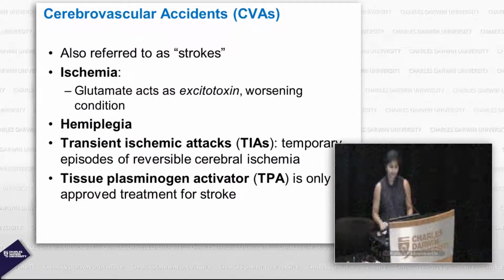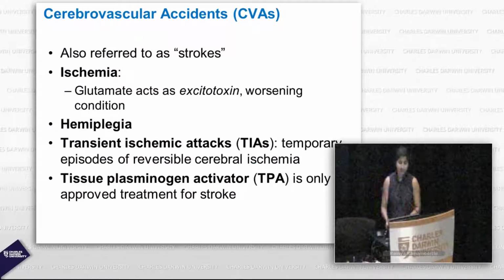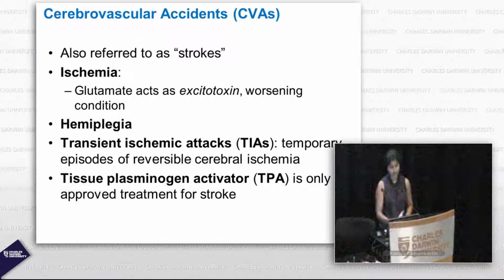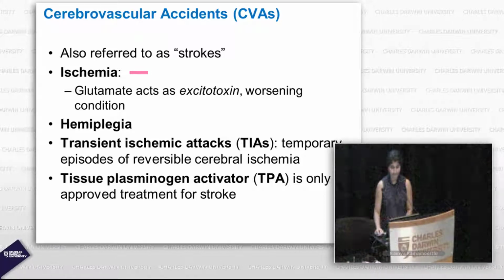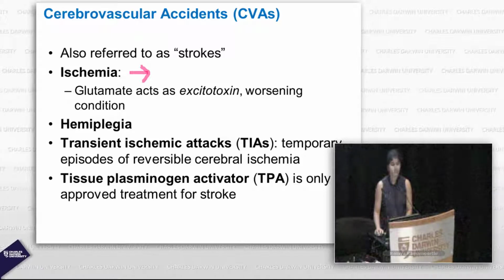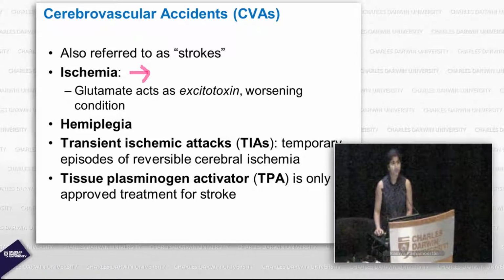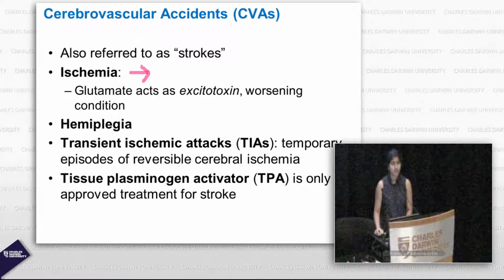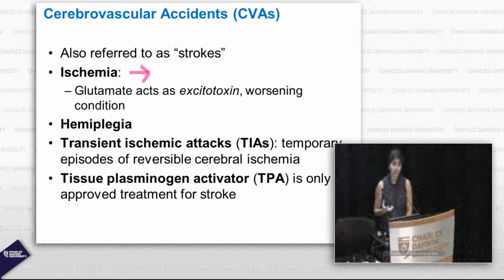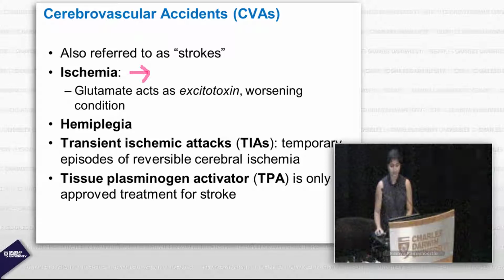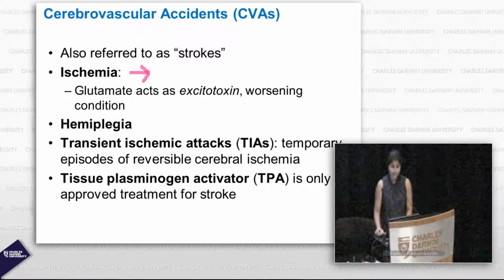Cerebrovascular accidents. So what can happen? Ischemia. What is ischemia? Ischemia is tissue deprived of blood supply. So when tissue is deprived of blood supply, it is also deprived of the nutrients necessary, isn't it? So that's ischemia. And glutamate is a neurotransmitter.